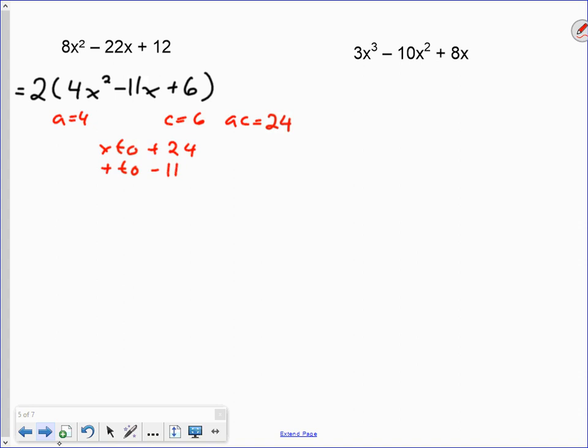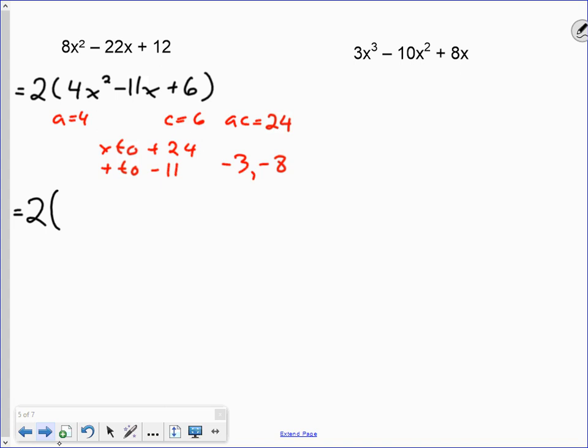What might those two numbers be? They are going to have to be negative 3 and negative 8. Negative 3 times negative 8 is positive 24, and when we add them up, we get negative 11.